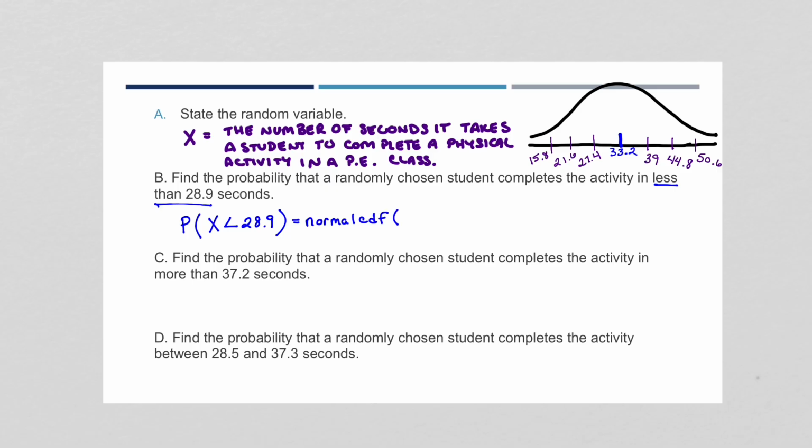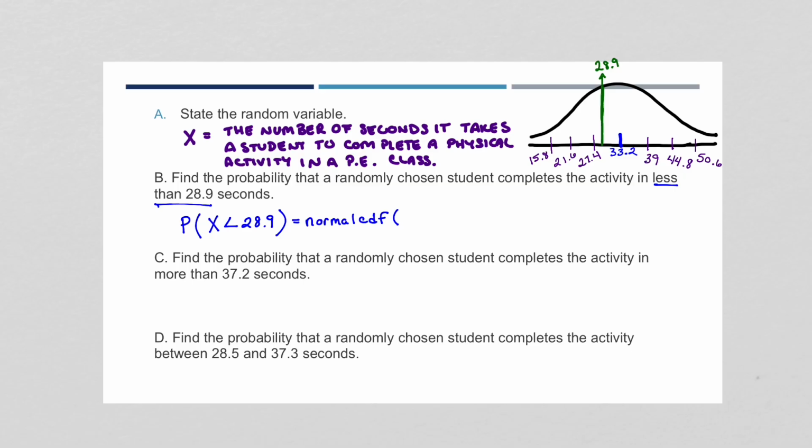And here's where the shading might come in handy. So definitely follow along with this. Let's locate where 28.9 seconds would be located. And that's probably somewhere around here. It doesn't have to be super perfect. And we're interested in the times that are that or smaller.